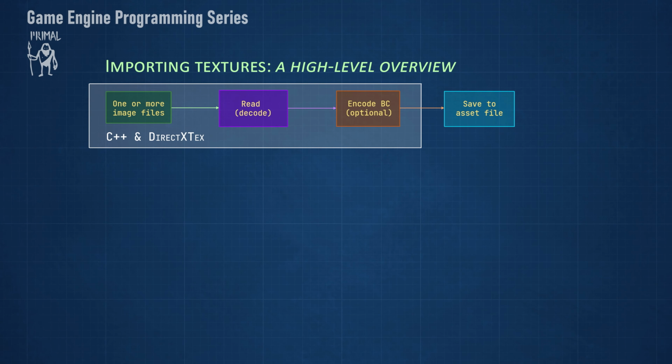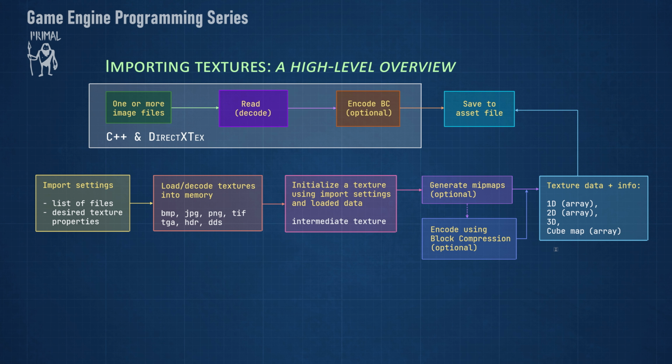Looking at the pipeline in a bit more detail, we see that a list of image files is provided in the import settings data structure, along with other properties which we'd like our texture to have. For example, we could tell the importer to create an array of 2D textures or a 3D volume texture by providing the appropriate setting.